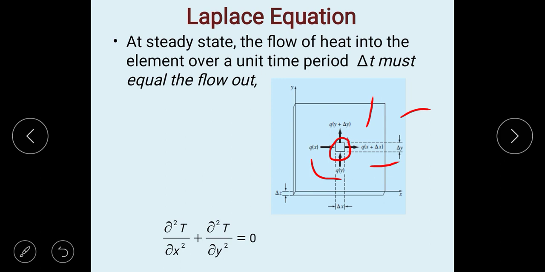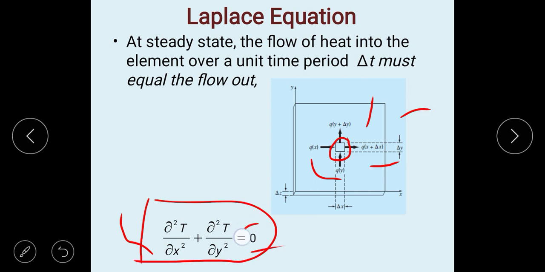After simplifying these equations, we will get the Laplace equation, nothing but ∂²T/∂x² + ∂²T/∂y² = 0. We already discussed equal to 0. It means the Laplace equation. If instead of 0 you write a function of x, y, that is called Poisson's equation.